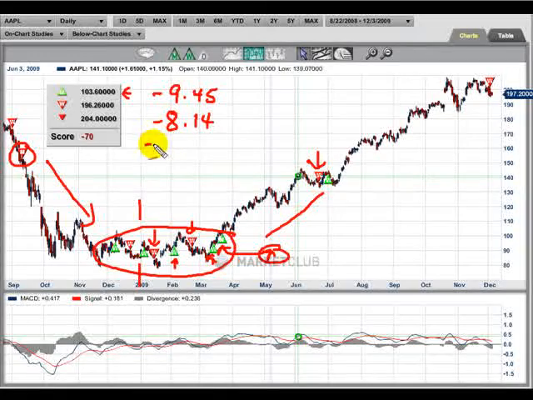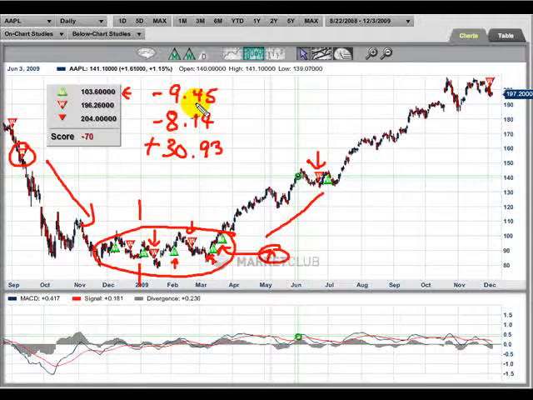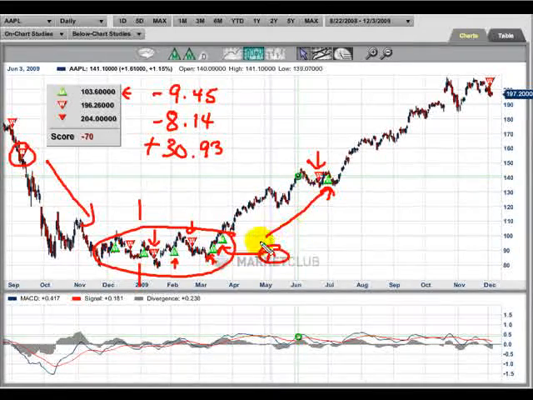Okay, so this gave us a plus, which is nice, of $30.93. So we're already ahead. If you add these two up, it's like 17.59. We're already ahead on this position right now. But wait, we get back in the market right here because the major trend on the monthly is up.